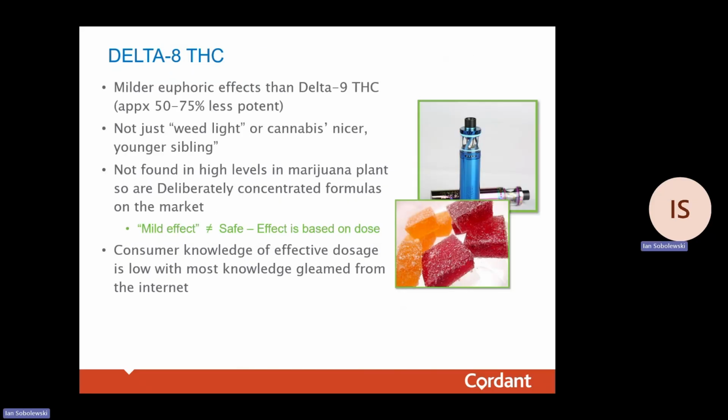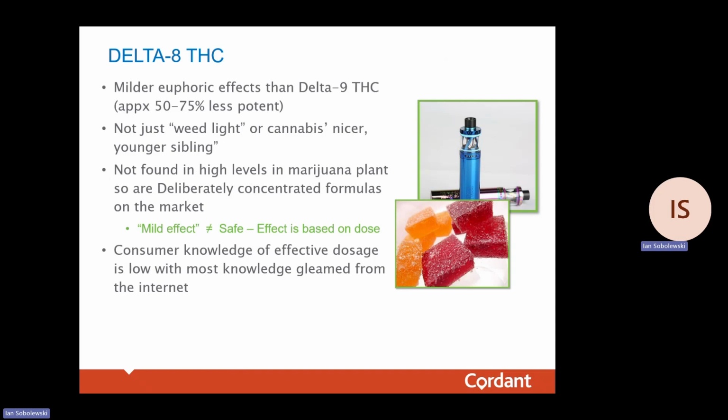Now that brings us to delta 8 THC. So delta 8 is new. It's a way manufacturers are trying to get around delta 9 THC when either maybe it's not legal in your state or you need a green card, or maybe you're on probation and you shouldn't be taking this. Delta 8 is largely unregulated and it's often found in gas stations, head shops, and online.